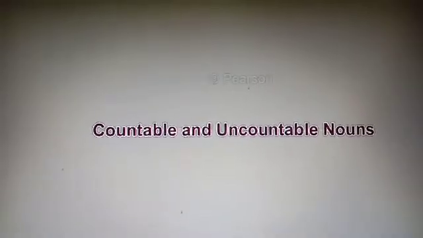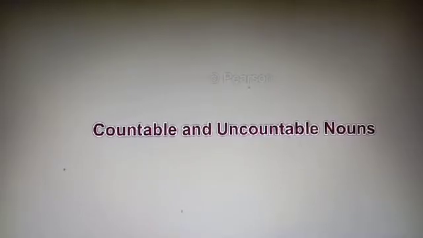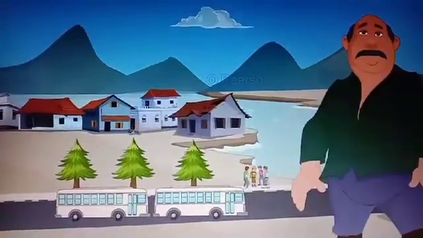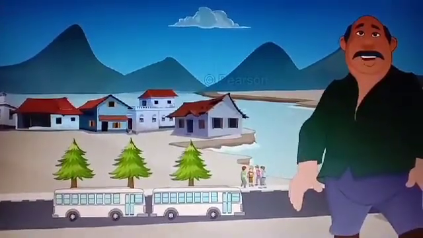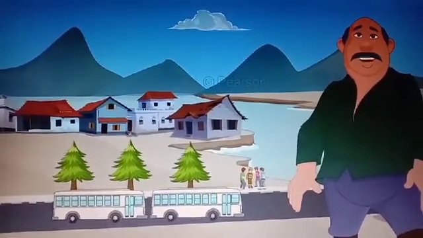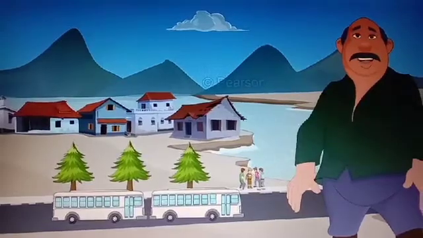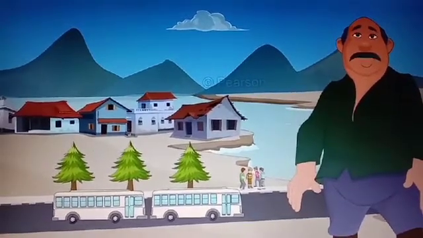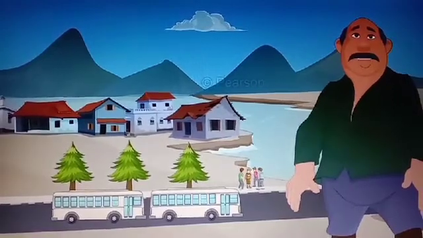Countable and uncountable nouns. Hello kids, I am a friendly giant. I will teach you about the countable and uncountable nouns. Nouns that can be counted are called countable nouns.